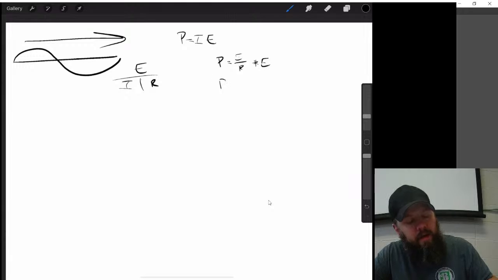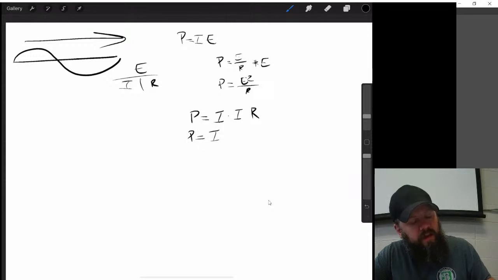So P also equals E squared divided by R, right? What if we were missing the E? All right, so we've got an I, and then what is E? I times R, right? So power also equals I squared R.